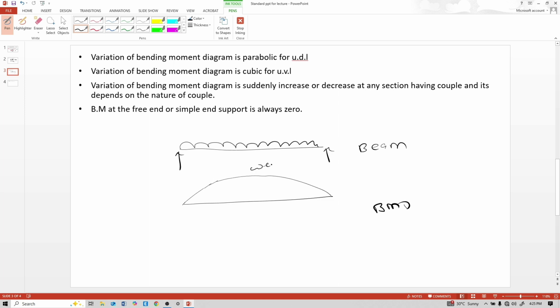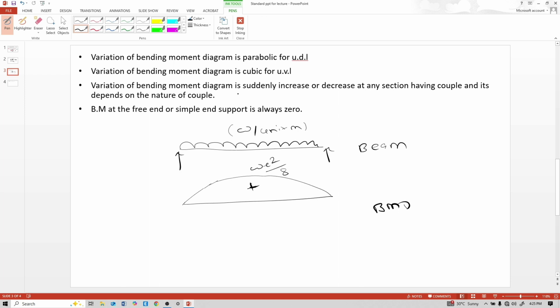Here at the center it is WL square by 8, where W is per unit meter. So the bending moment diagram is parabolic for uniformly distributed load. Variation of bending moment diagram is cubic for UVL. Now for uniformly varying load, it is cubic.